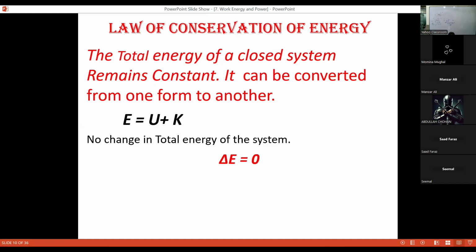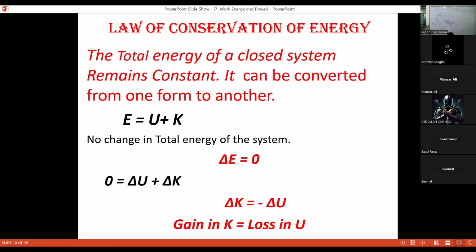But of course, kinetic energy can change, potential energy can change. If I rearrange this equation, it becomes delta K equals minus delta U, and it gives us the logic that gain in kinetic energy is equal to loss in potential energy.